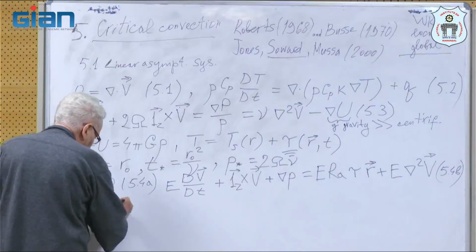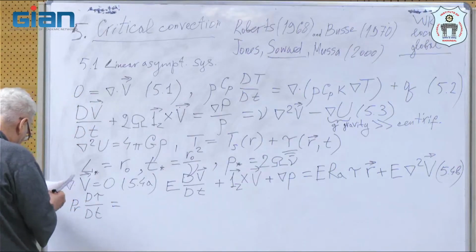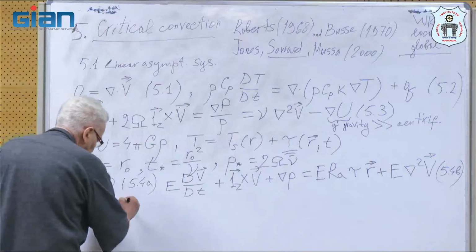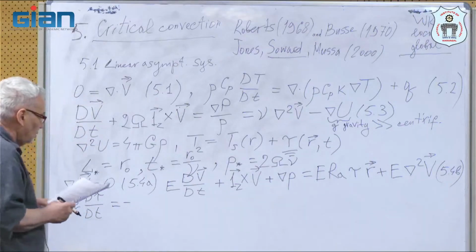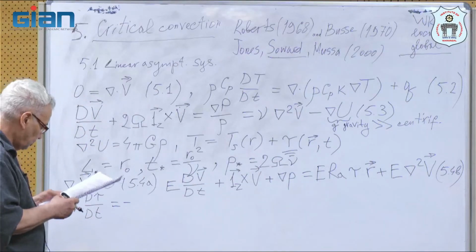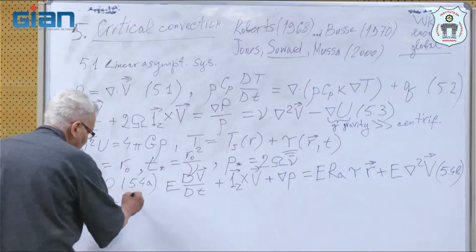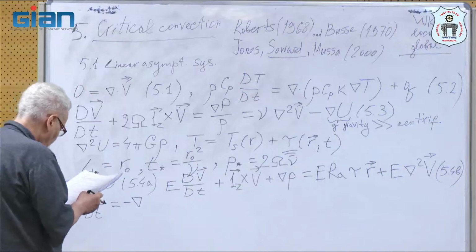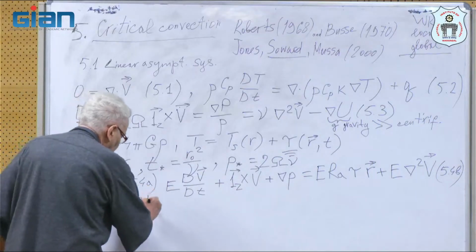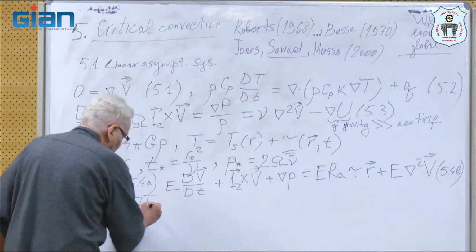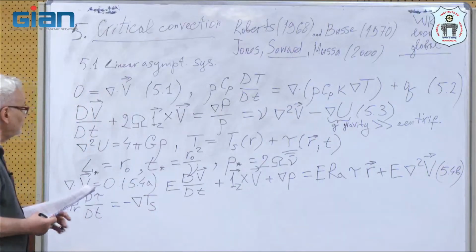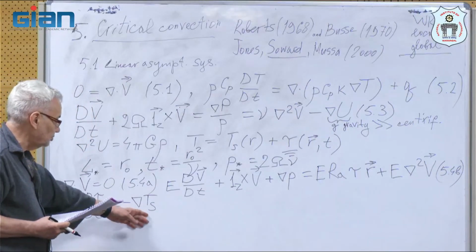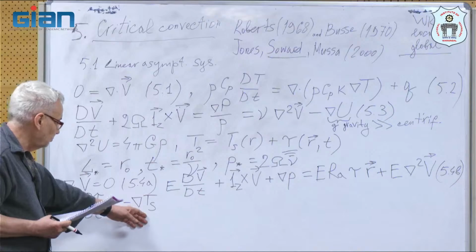Then it includes this instability contribution, which is very similar to the contribution we discussed previously. So this is the instability contribution, which is due to the gradient of the imposed temperature.